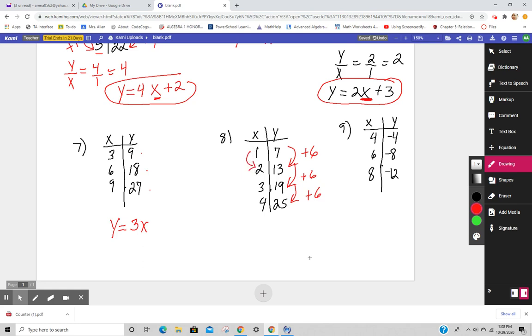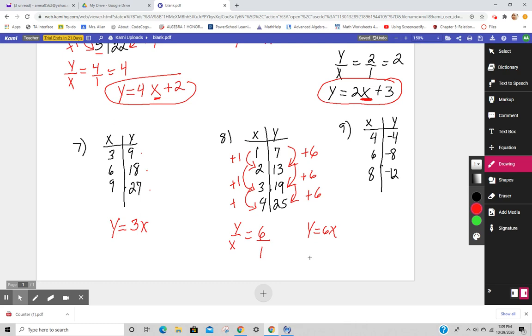What about these numbers? Plus 1, plus 1, plus 1. So then our change in y over x is 6 over 1. So our equation is going to be y equals 6x. But that's not enough because this isn't proportional, so we have to add or subtract something.